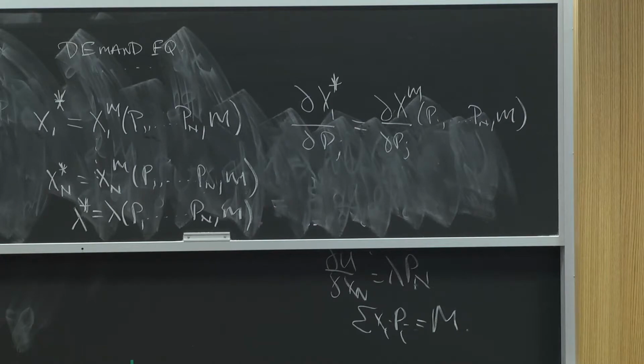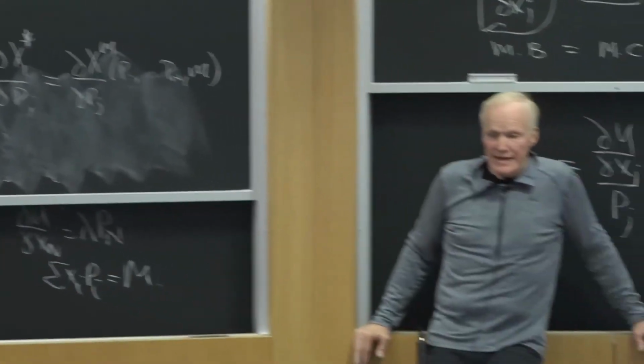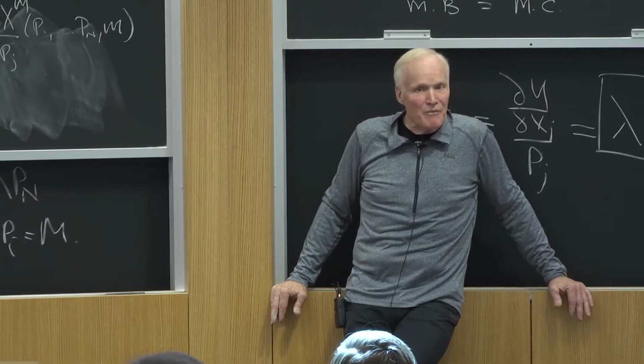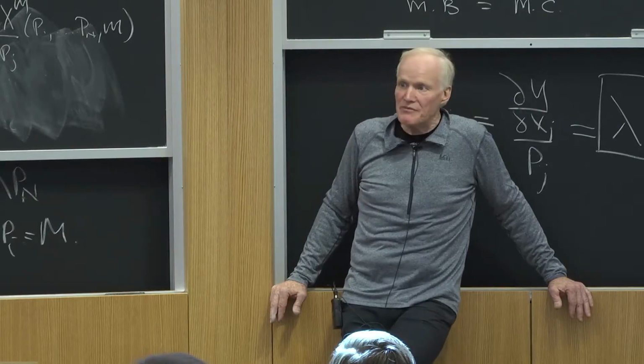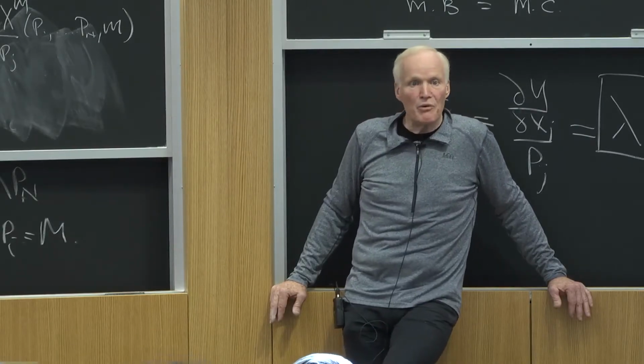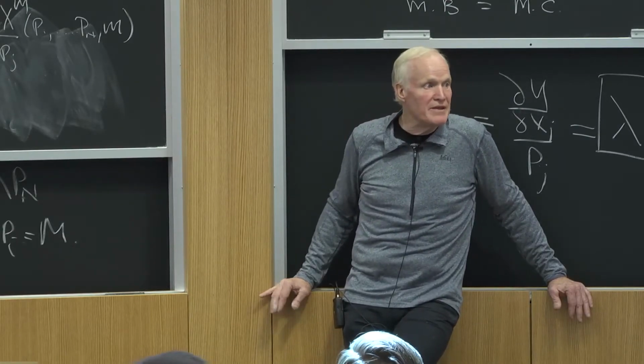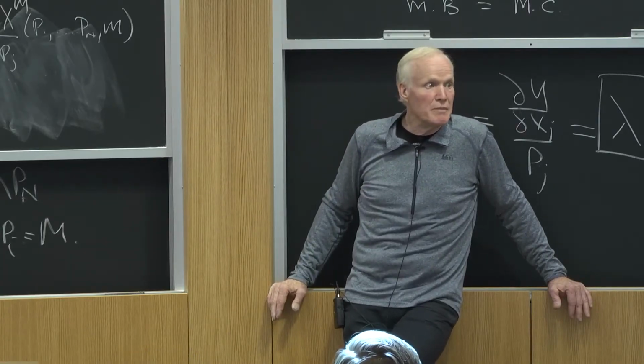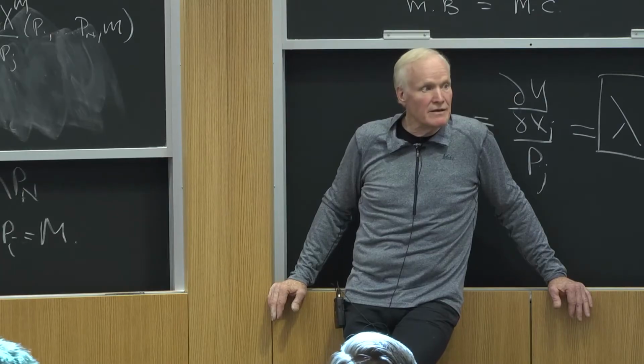The reason that can be very important, particularly when you want to look at data, is that you might want to ask, is that what's going on in the experiment I'm seeing? Are people really going to be able to make the adjustments implied by these Marshallian demand equations? Because sometimes they can't.